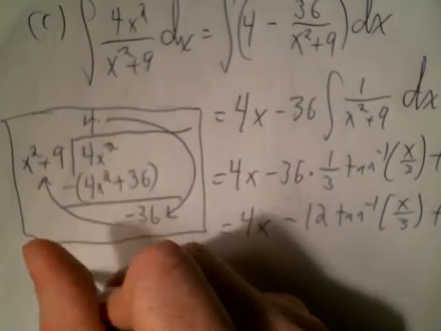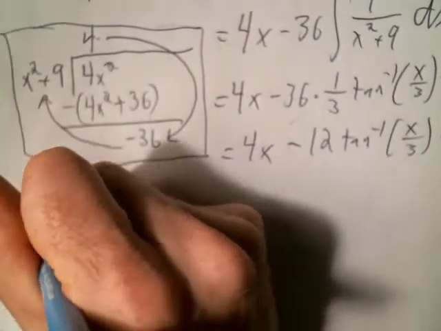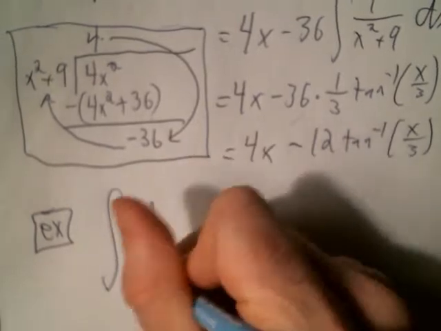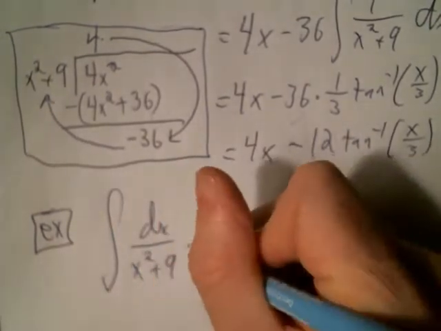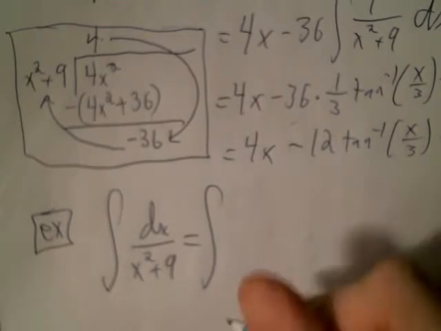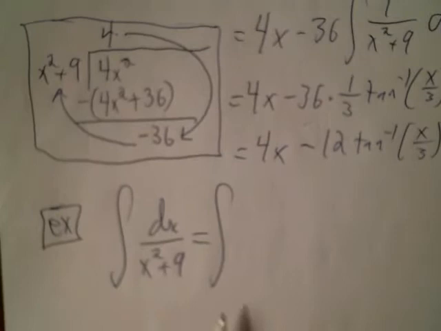So for instance, and this is just to the side, if you have the integral of dx all over x squared plus 9, the real reason why we can't use logarithms here is because we can't factor this over the real numbers.